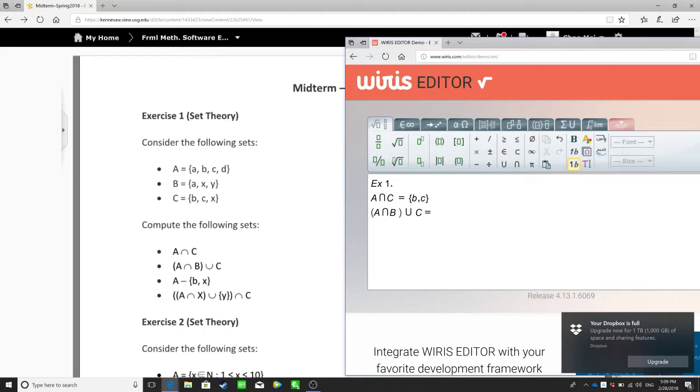So this is also simple. The only thing A and B have in common is the element a, right? So we need to calculate the union of the set {a} and the set {b, c, x}. So it's going to be {a, b, c, x}.